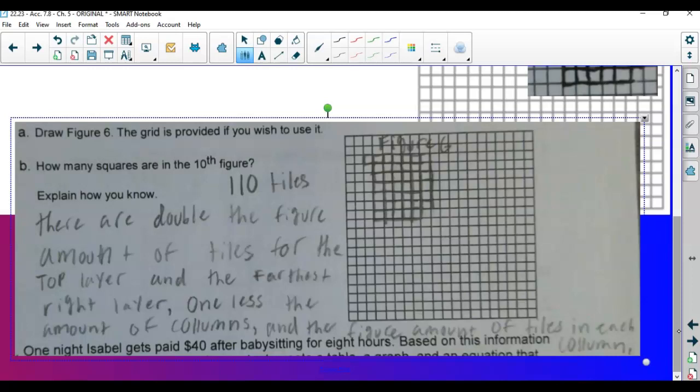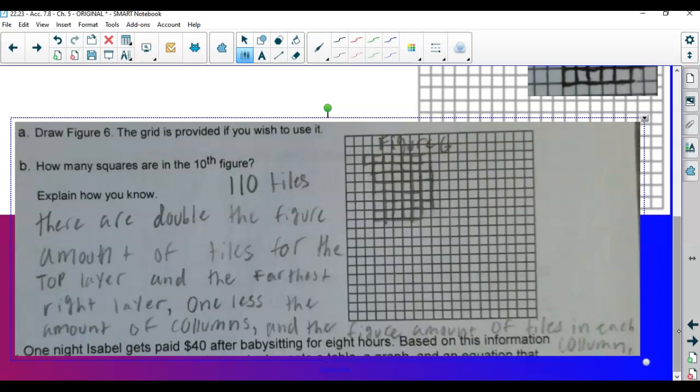If you wrote 111, you just goofed up the math. A couple people wrote 111. I always find it interesting when a wrong answer happens multiple times. So, I just found out there are double the figure amount of tiles for the top layer. Well, that's not quite right. Double the figure amount? Yeah, they kind of phrased that wrong.